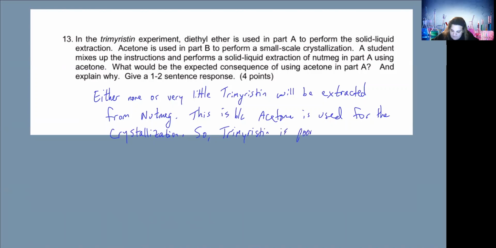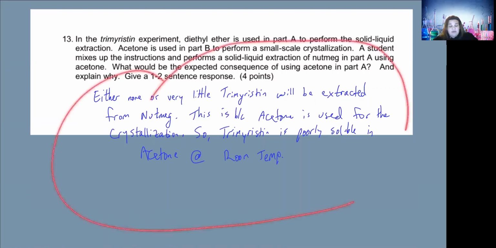You can also mention the polarities of the solvents, things like that, but this is basically the gist of it. So by using the polarity, I got to this conclusion. All right, let's go ahead and try the next one.